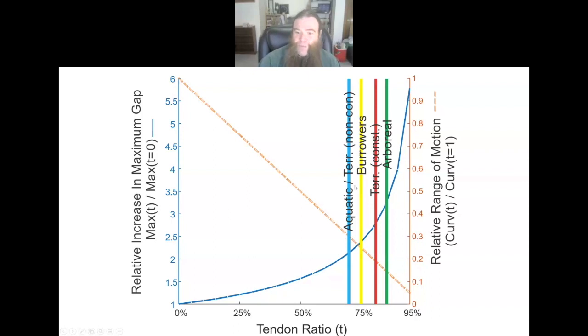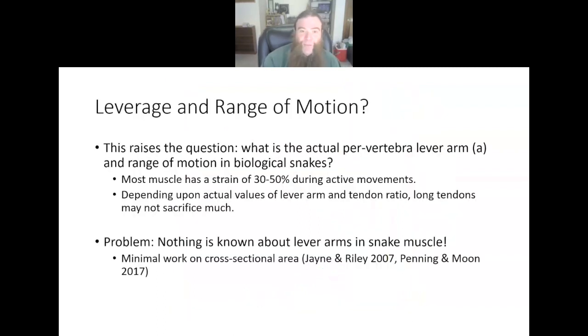And it turns out when you map a bunch of the snakes onto this, they're all way over here on the right side with high fractions of tendon and low relative range of motion. So this suggests that the benefit of the tendon really is large, or that the range of motion limits aren't that important. But this leads to the question, well, what is the actual range of motion?